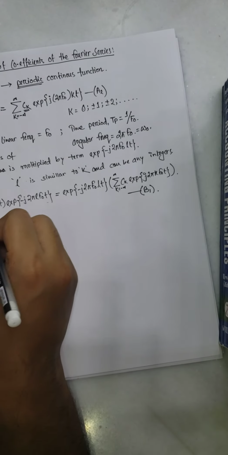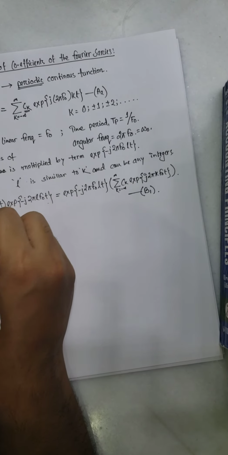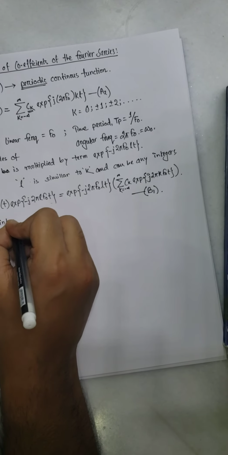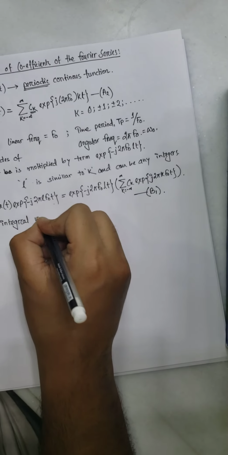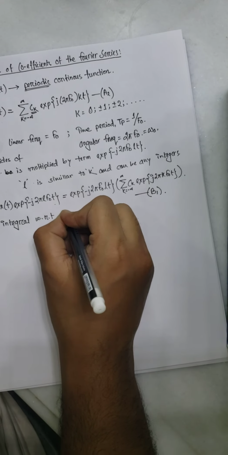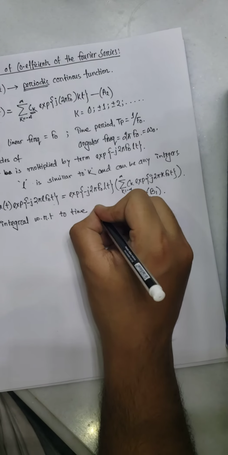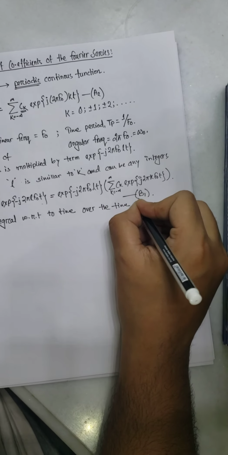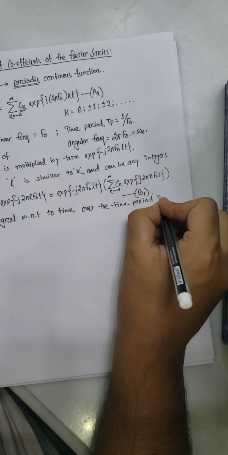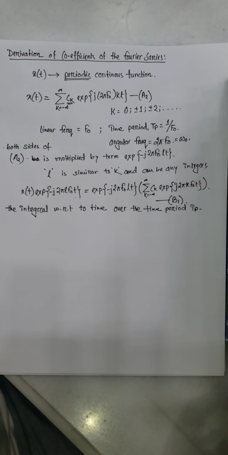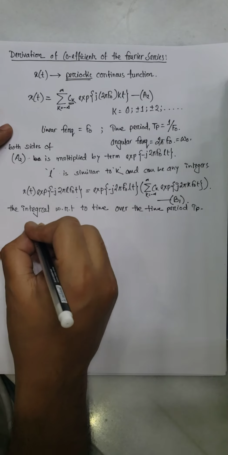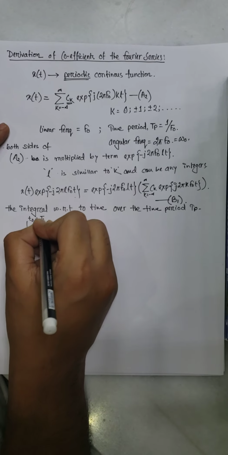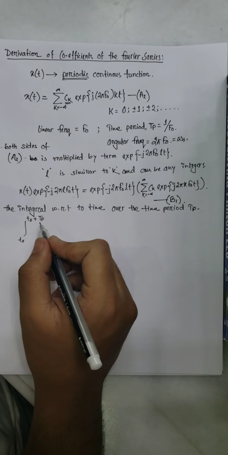Now, let us take the integral with respect to time over the time period Tp. And in doing so, the expression becomes T naught to T naught plus Tp, where T naught is any arbitrary value.